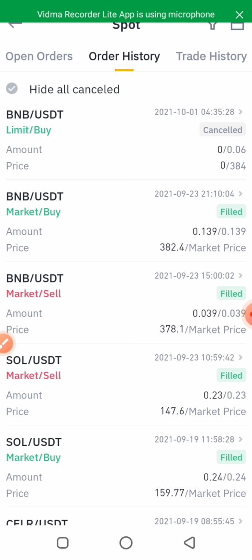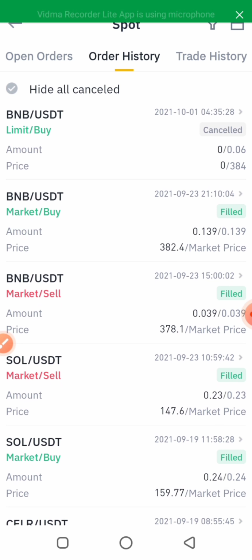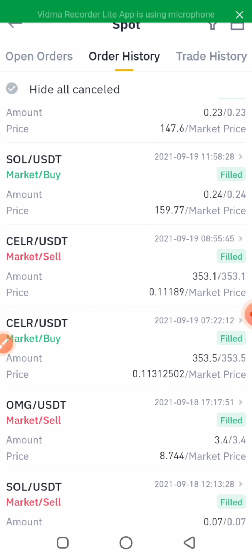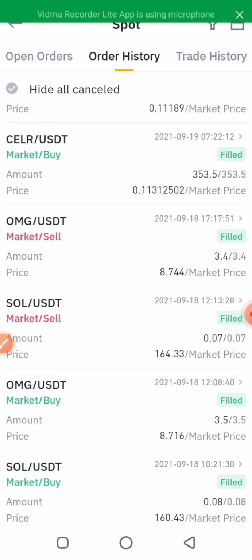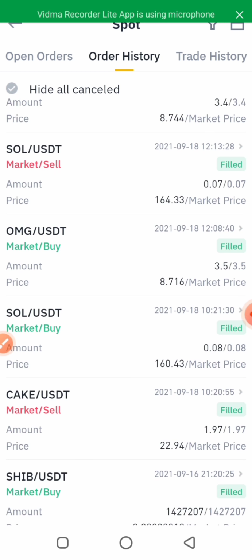This one is market. The rest is market. I think I'm the one that used the first one. So the bot actually makes use of market orders. Of course, the bot uses market orders because it is an instruction. As you give it instruction, it executes it immediately. It trades with instruction.